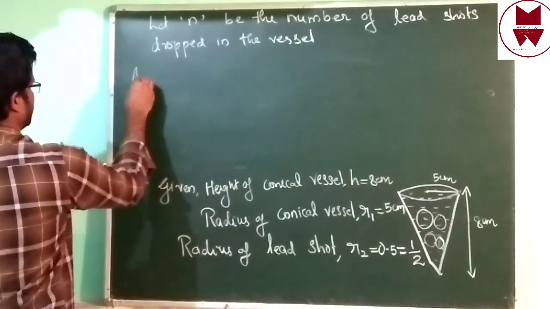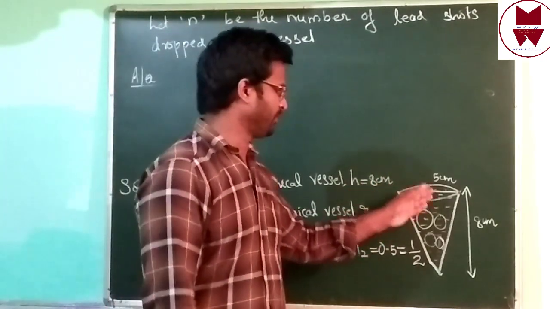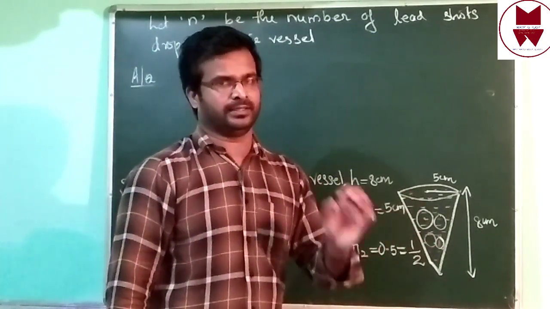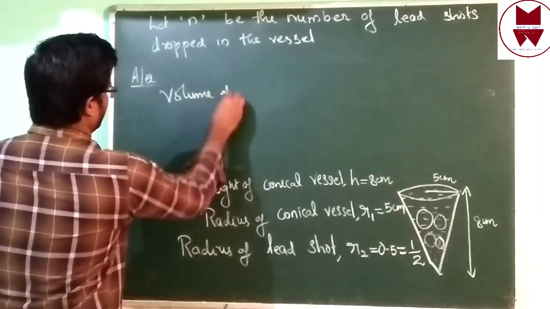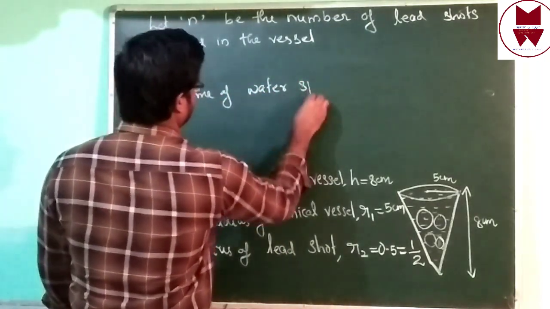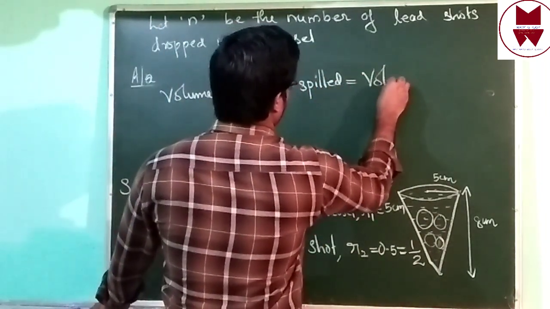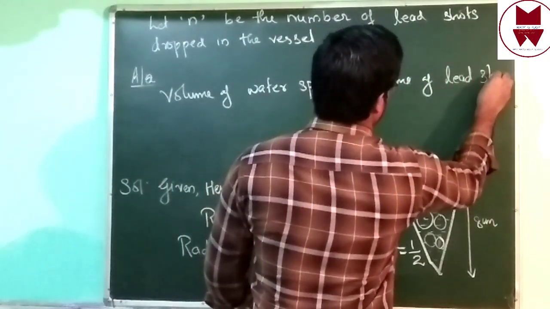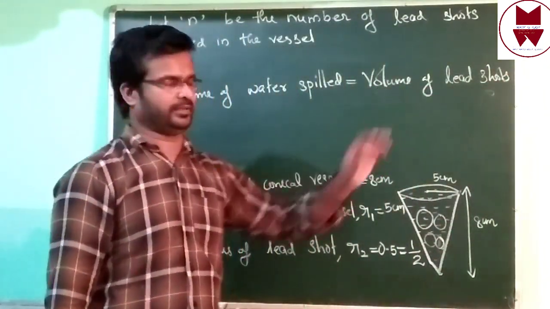Then, as per the question, before I told how much water goes out, that volume and the volume of lead shots will be equal. That condition we can write. Volume of water spilled equals volume of lead shots, not only one lead shot, many.